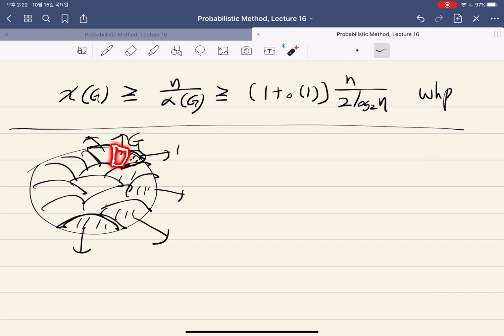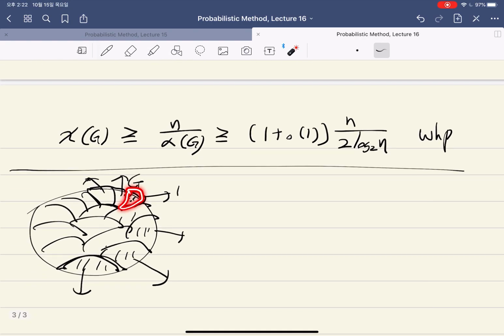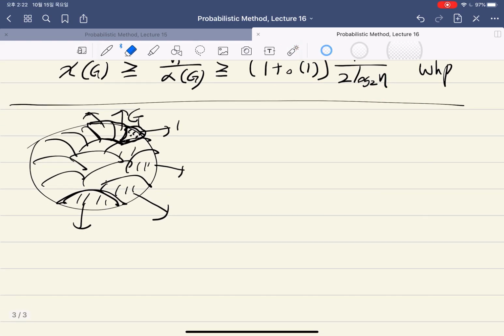We want to make sure that until almost the very end, the independent set has size more or less this. And the number of remaining vertices is absorbed into this little o of 1 term. It's smaller than n over log n. That's what we are hoping for.